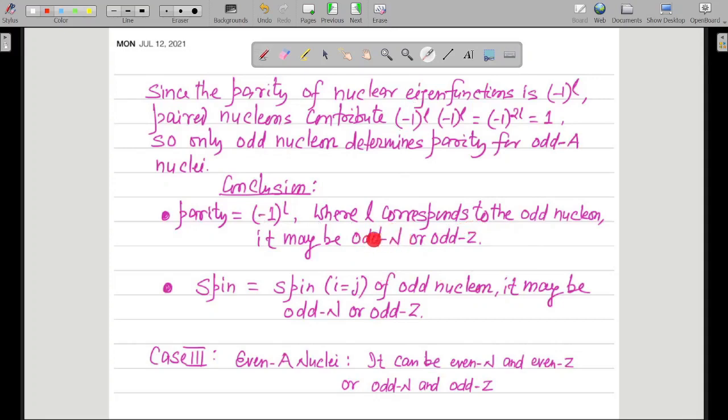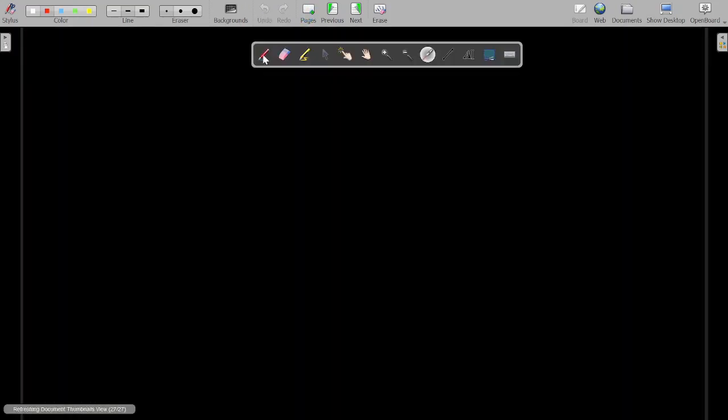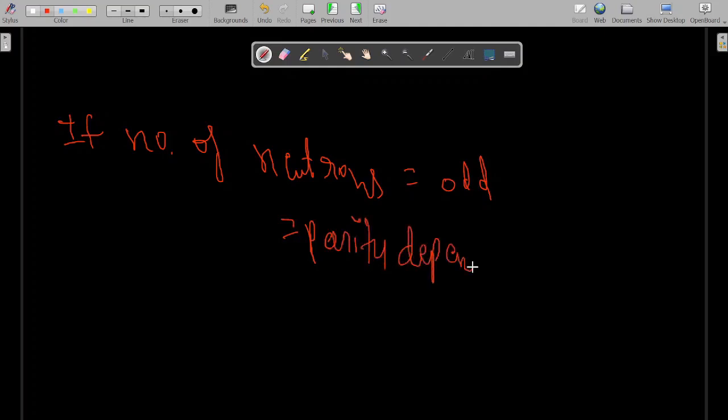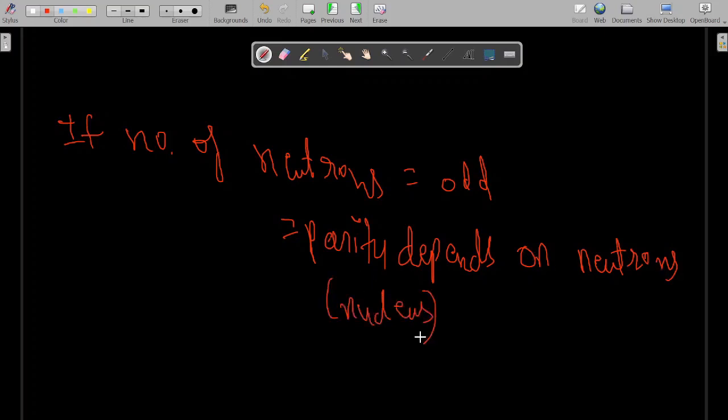If the number of neutrons is odd, then the parity of the nucleus depends on neutrons.